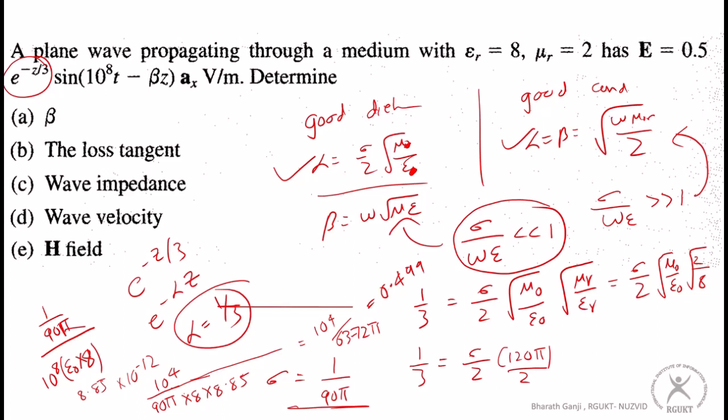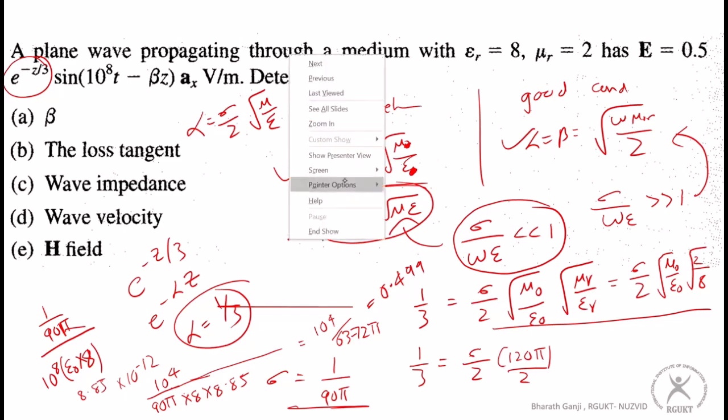So to calculate alpha, I can use this formula. Alpha is nothing but sigma by 2 square root of mu by epsilon. And in fact, the beta formula can be given like this. So once I have the formulas, I can calculate beta, which is nothing but omega into square root of mu epsilon. I think I erased it.